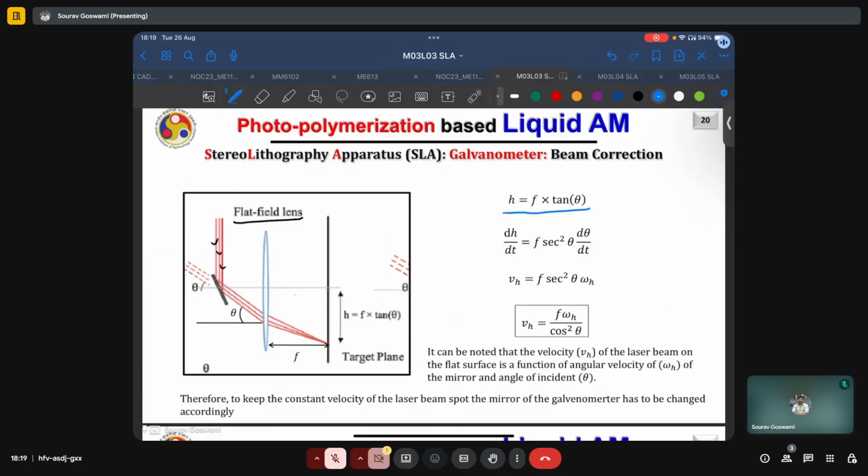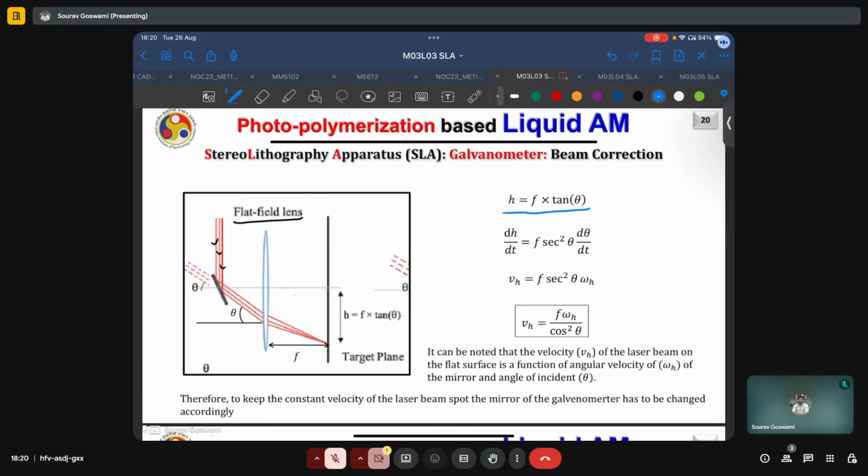But what we are more interested in is how to move the mirror so that this laser spot can be deflected all over the printing area. And that can be done by controlling the angular velocity of deflection. And thus, a relationship can further be derived, which links the velocity of the focal point on the printing plane with the angle of deflection as well as the angular velocity of the deflecting mirrors.